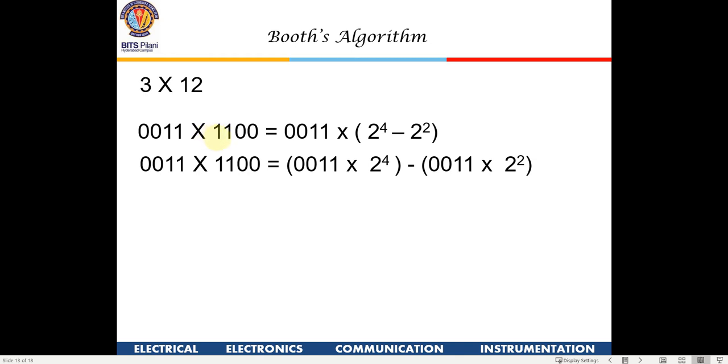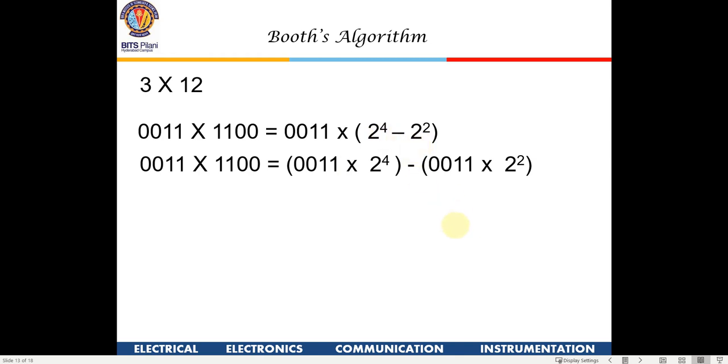Whenever there is a transition from 0 to 1, we add 2 to the power of 4, and whenever there is 1 to 1, that is 2 to the power of 3, we don't do anything. From 2 to the power of 3 to 2 to the power of 2, when we are moving, it is 1 to 0, so we put a negative sign here. Again 0 to 0, we don't do anything. So this is where Booth's algorithm comes from. This is the way we represent this number, and this is how Booth's algorithm has been developed.